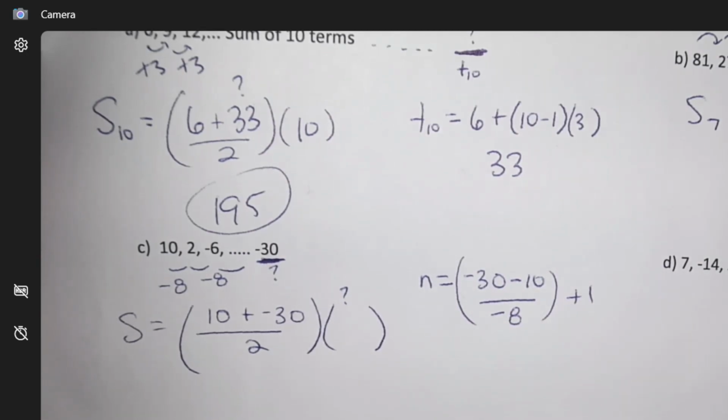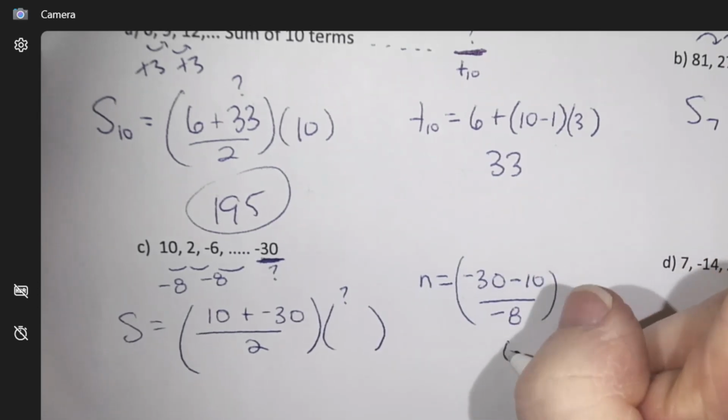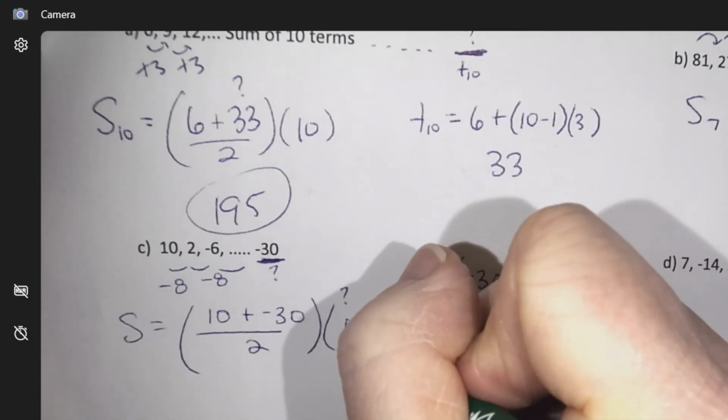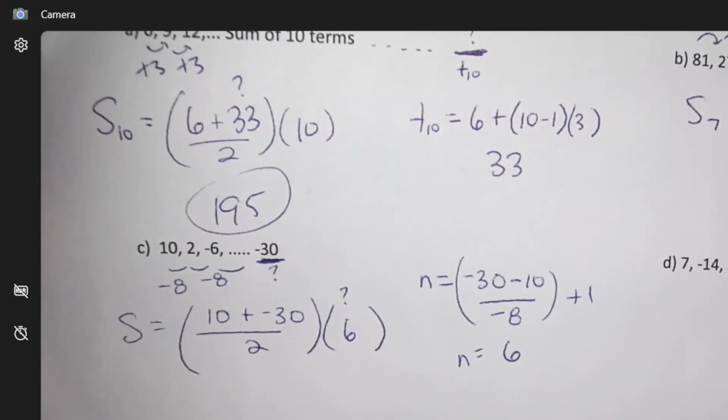So I'm following the formula. So n equals 6.